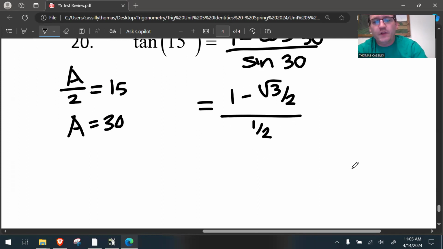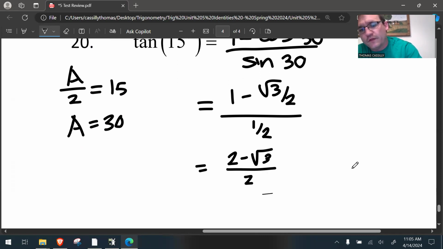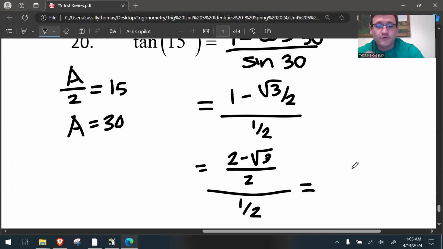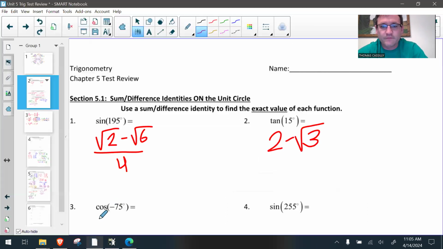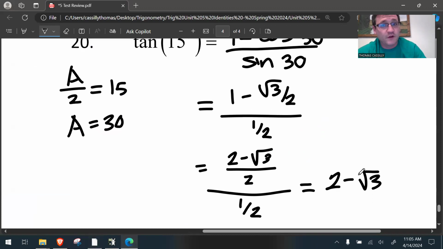All right, plugging all of that in, we're going to have 2 minus the square root of 3 all over 2, and that whole thing is divided by 1/2. So you don't divide fractions, you multiply by the reciprocal. So basically, this 2 cancels out with that 1/2. And we're going to end up with 2 minus the square root of 3. Right? So that should be the same answer, which it is. So there's our 2 minus the square root of 3 as well.